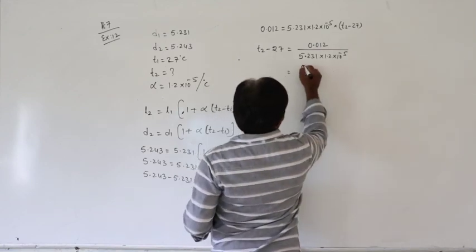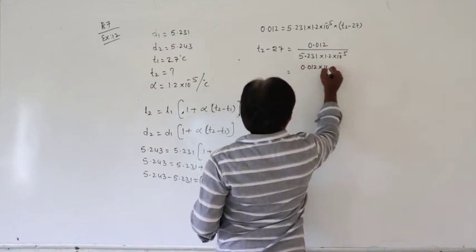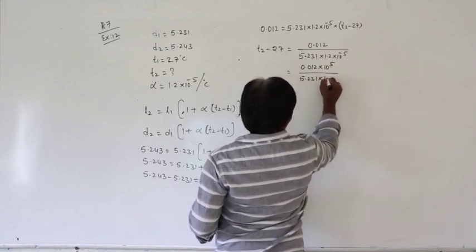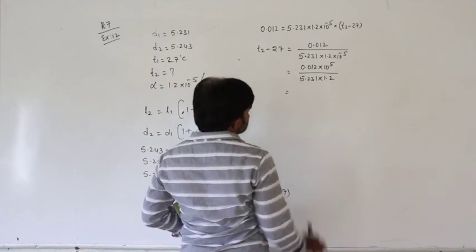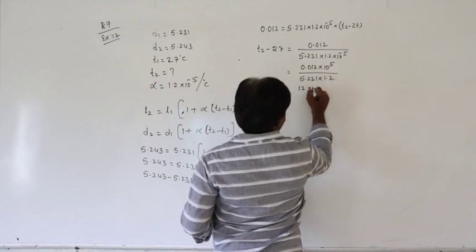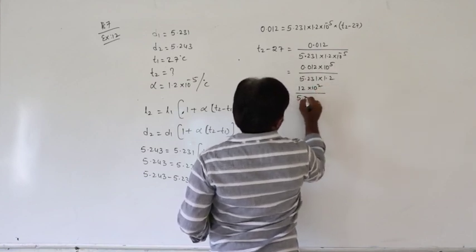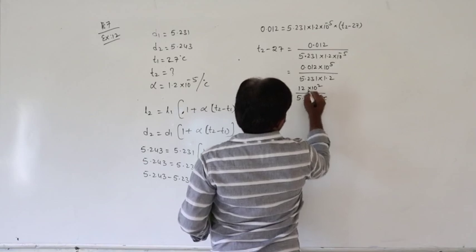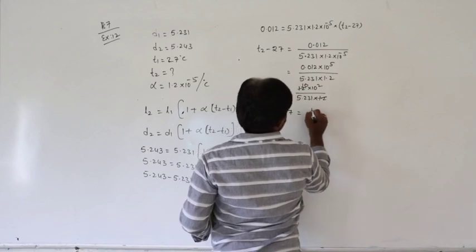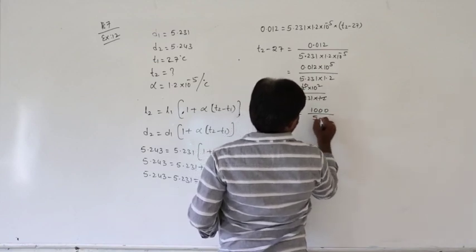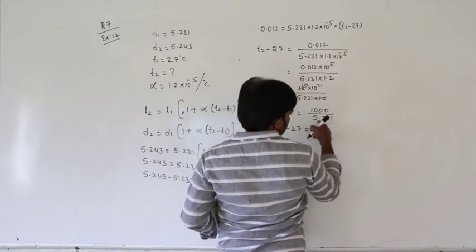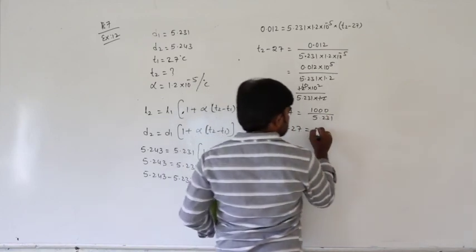So that is 0.012 into 10 to the power of plus 5 divided by 5.231 into 1.2. That is 12 into 10 squared divided by 5.231 into 1.2. The 1.2 cancels out. So T2 minus 27 is equal to 1000 by 5.231, which is approximately 200.